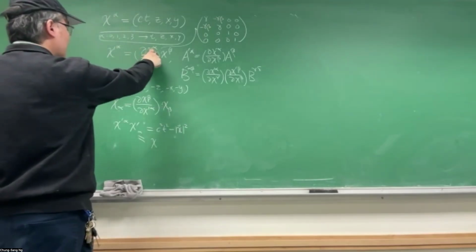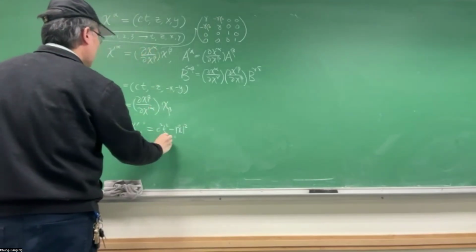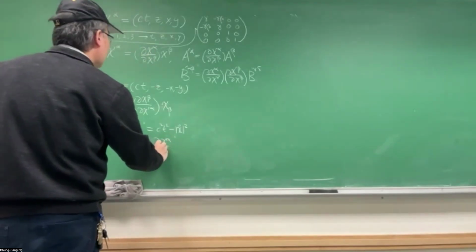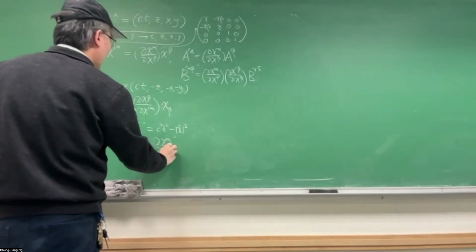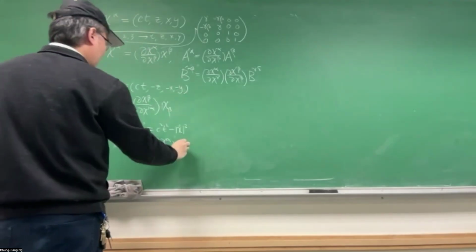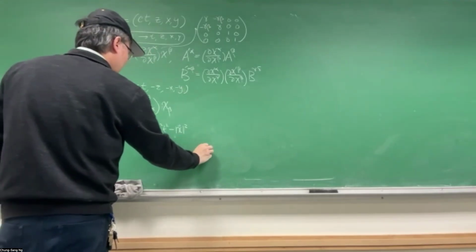The contravariant one, using this, is partial x prime alpha over partial x beta, and then you have x beta. Let's write the x beta here.